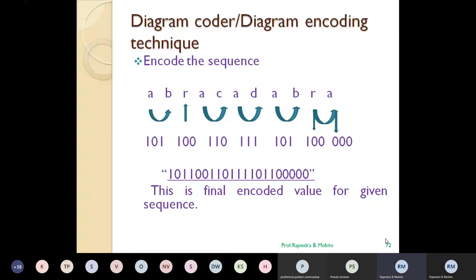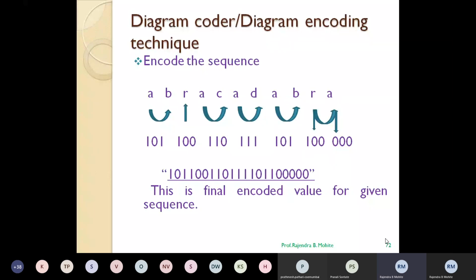If you are observing this slide, I did the same thing. A is already present. AB is present, it is a group of two, so I am considering the group of two. So AB is 101. Moving towards the next, R is already present. RA is not there in the given dictionary, so for that R, I individually represent its code, 100. Then moving towards the next, A is already present.